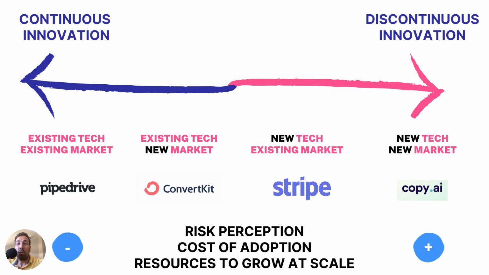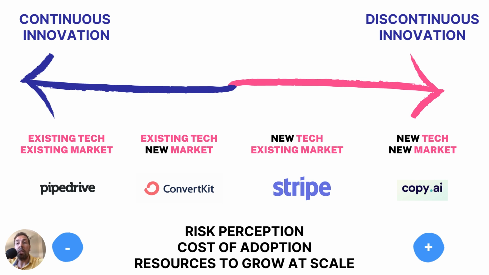So e-commerce tools were all using their own bank. So suddenly Stripe builds a new technology, and they streamline the whole process, and they reduce the fees and all of this. So they were introducing a new technology, but in an already existing market. So that generates a little bit of discontinuity.